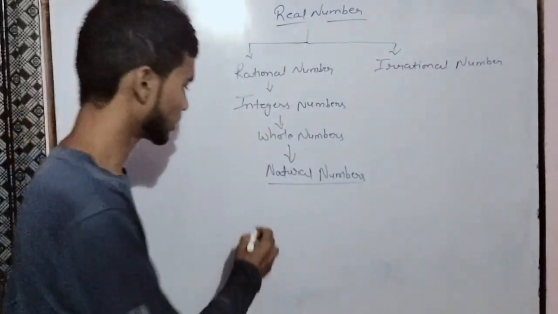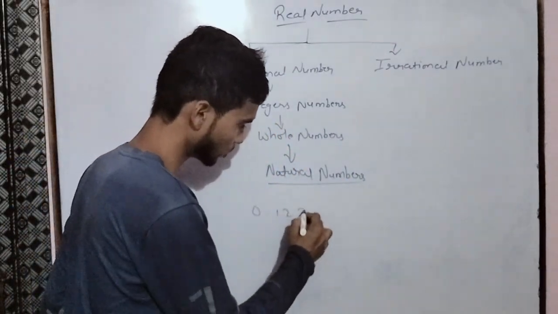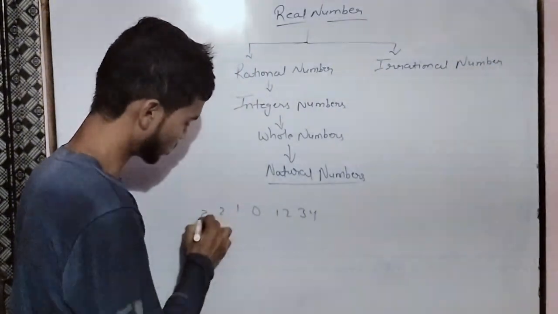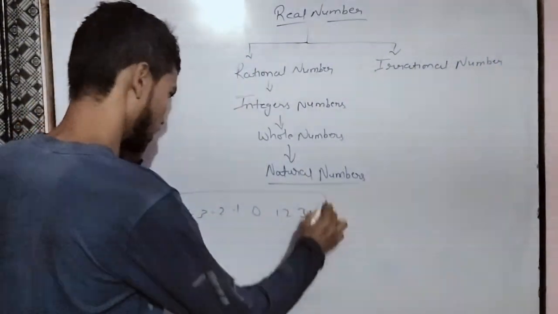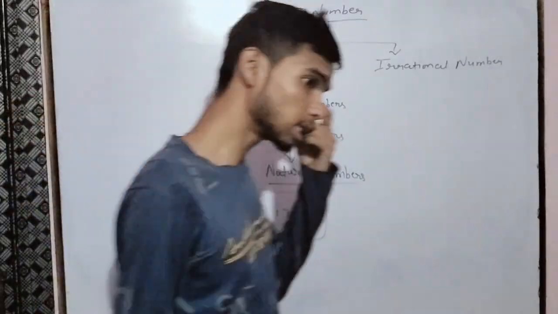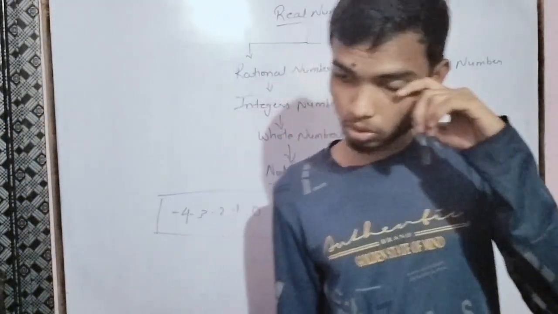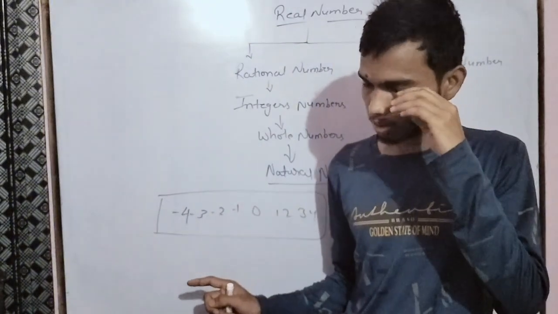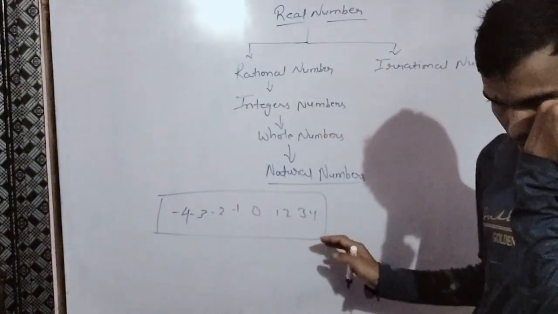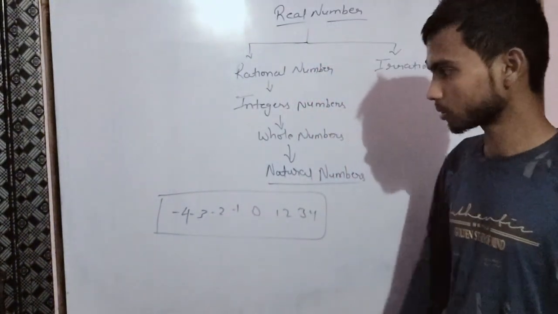So it can be written as 0, 1, 2, 3, 4 and -1, -2, -3, -4, like that. 0 is neither addition nor subtraction, 0 is 0.